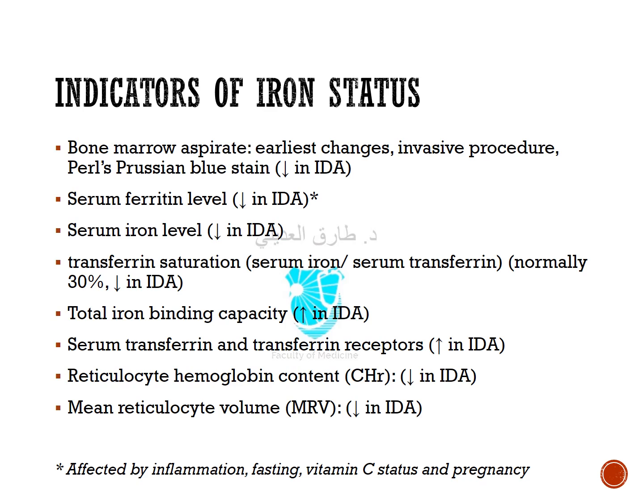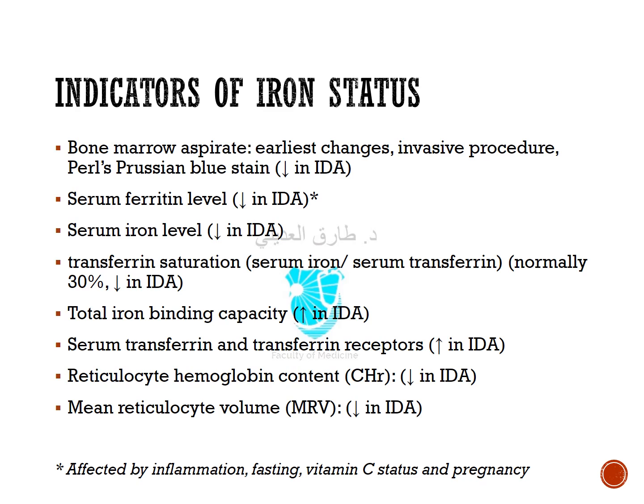These new tests are now available, but they are still expensive because they are new. We can go directly and measure the transferrin and its receptor, and both of them are increased in iron deficiency anemia. Remember, this is like an adaptive and compensatory mechanism.